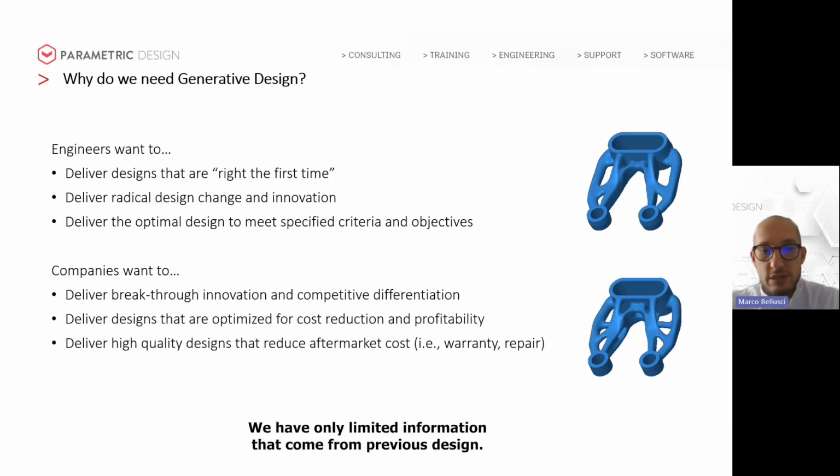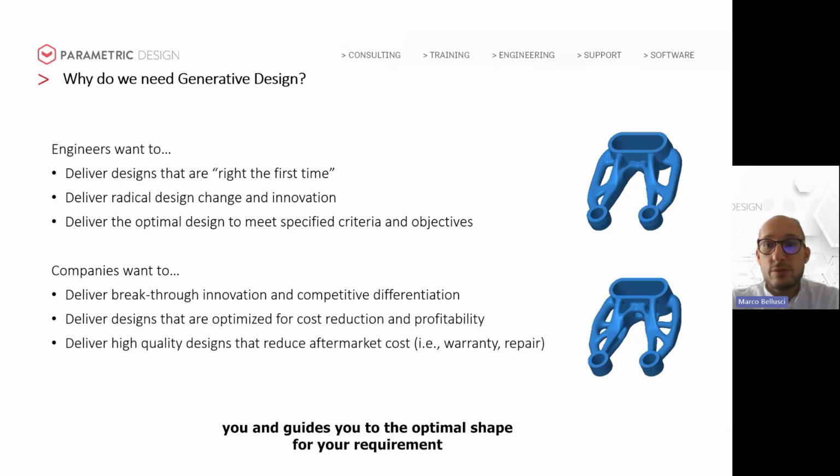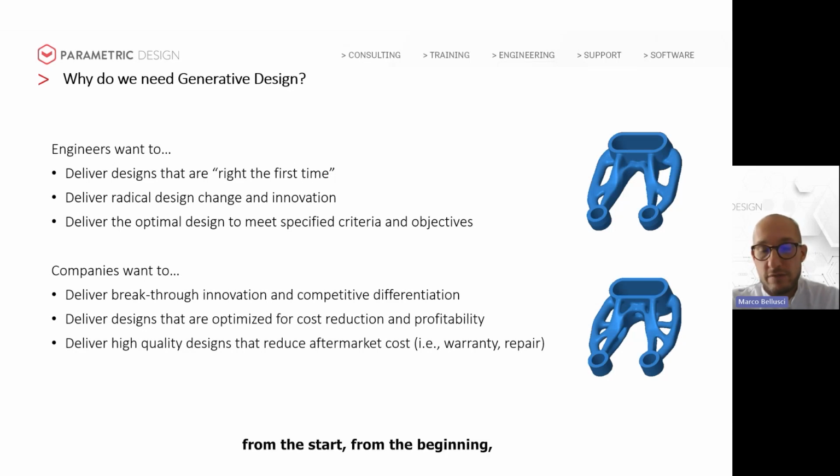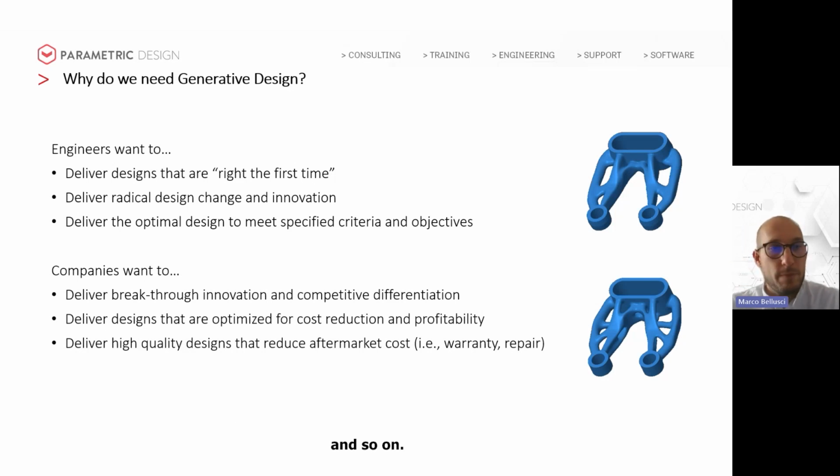We have only limited information that comes from previous design, some numerical simulation on old design, and so on. But we are basically in the dark. In this case, generative design helps you and guides you to the optimal shape for your requirement from the start, from the beginning, letting you understand where you need to put material and where not, and so on.